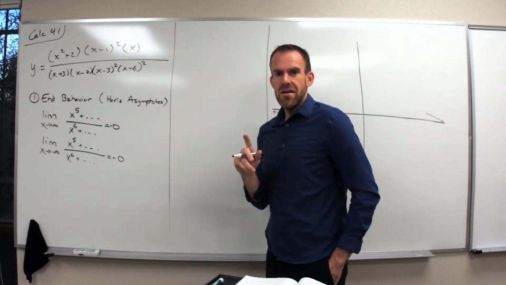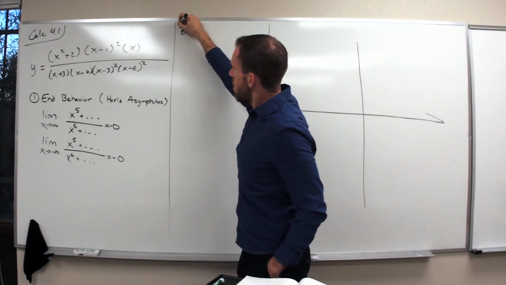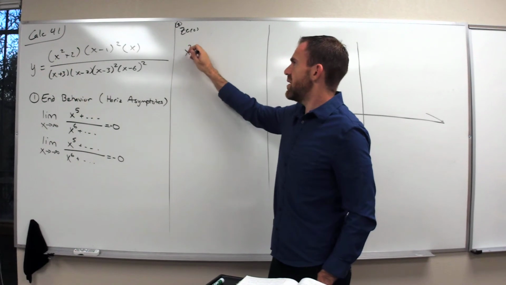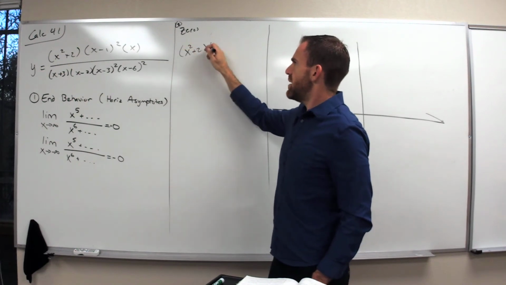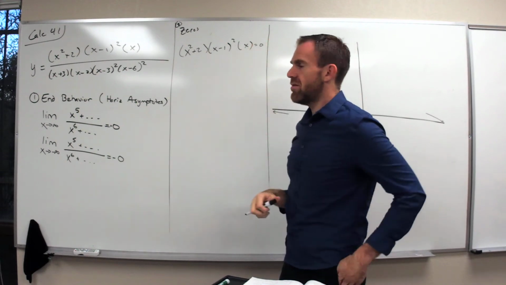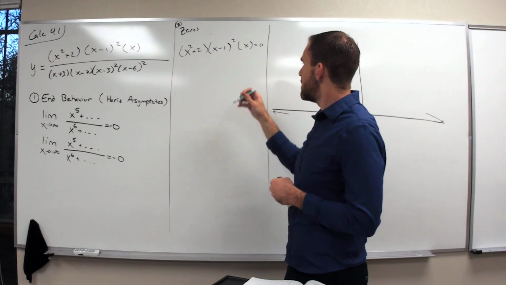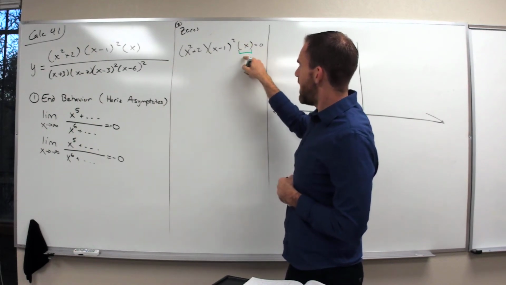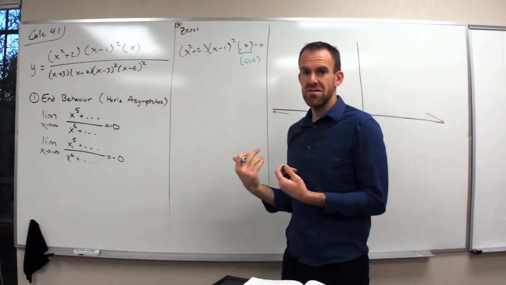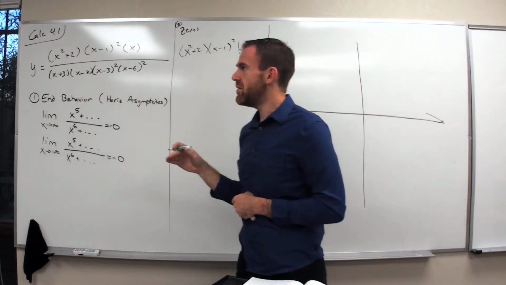All right, now we're going to look at zeros. So that's when the numerator equals 0. So I'm going to set x squared plus 2 times x minus 1 squared times x equal to 0. Now here's the trick. This tells me that I have a 0 at 0, 0. If I plug in 0 for x, I get 0 out. There are none of those terms on the bottom, so I'm fine.